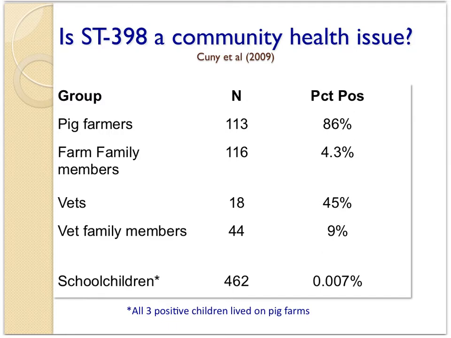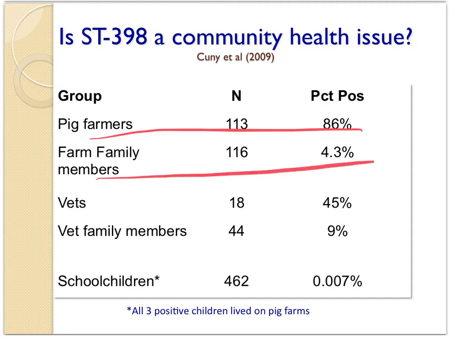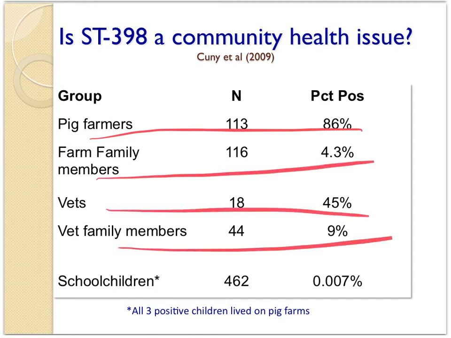In the Netherlands, a community health study reported by Cooney in 2009, the same year, found very high percentages in pig farmers and family members, and in veterinarians and veterinary family members close to 9%.